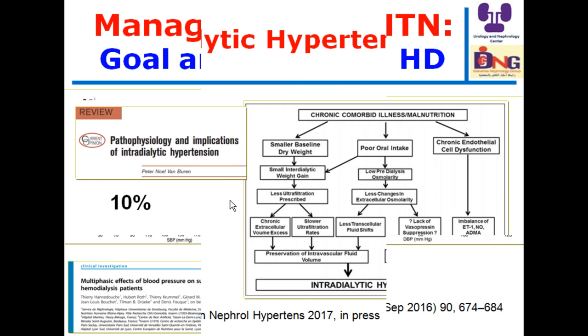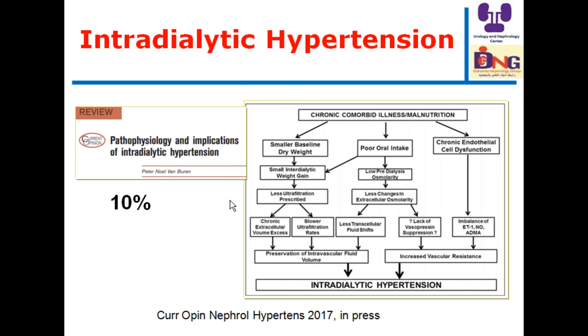Another important point is intradialytic hypertension, which may be confronted in more than 10% of dialysis patients, and this slide summarizes in different ways how intradialytic hypertension occurs, and the majority are either through preservation of intravascular fluid volume or increased vascular resistance.